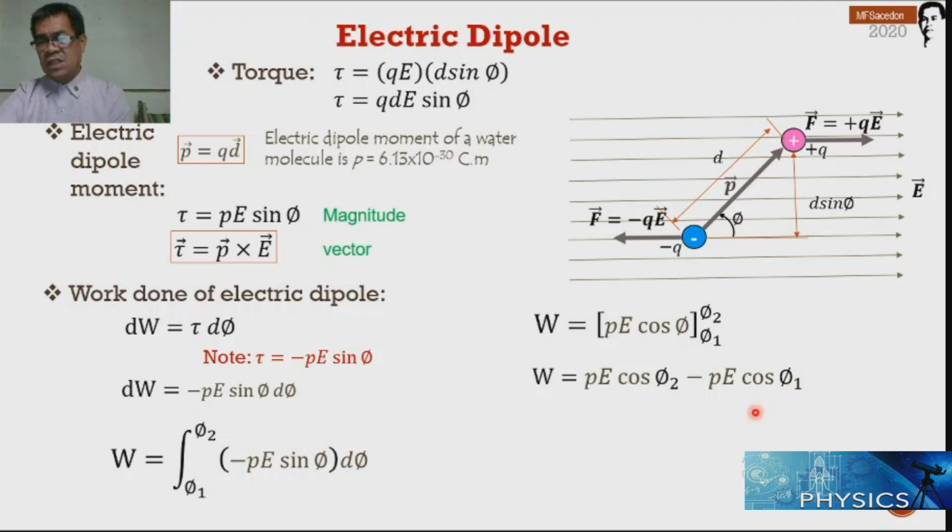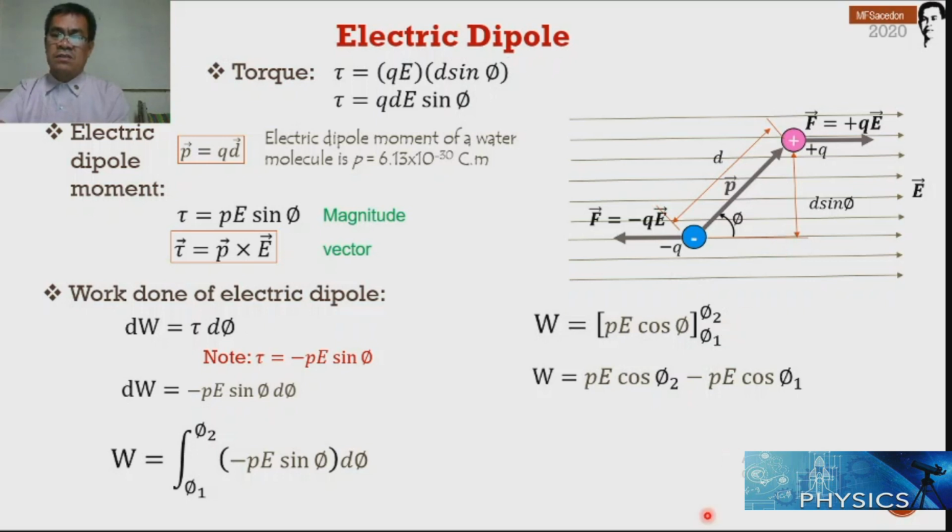Now, where is the initial and where is the final? In this case, the angle starts from this point, so this is the initial angle, angle P1. In the final situation, the electric dipole moment will stay in this axis, so this will be our angle P2, which happens to be 0 in this case.